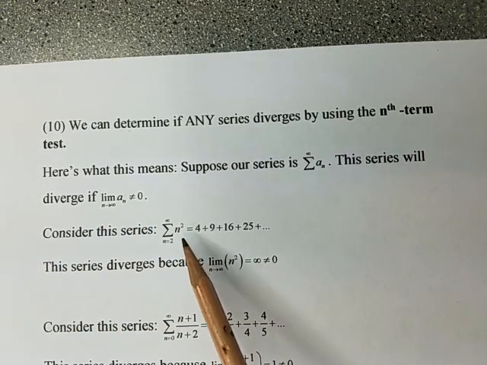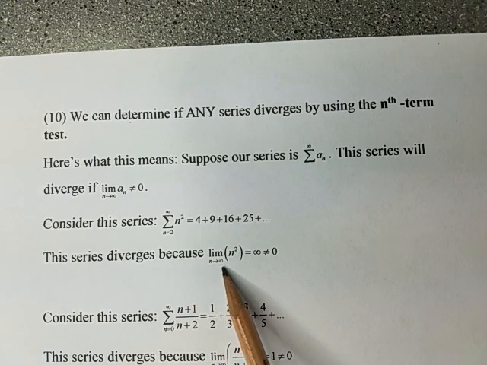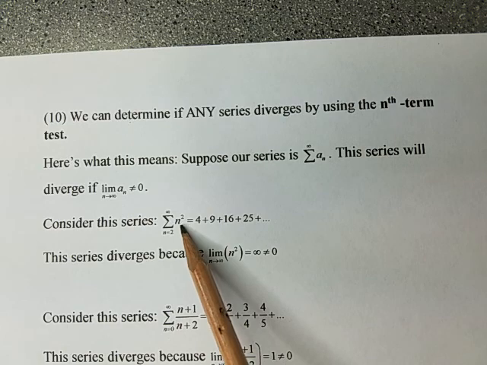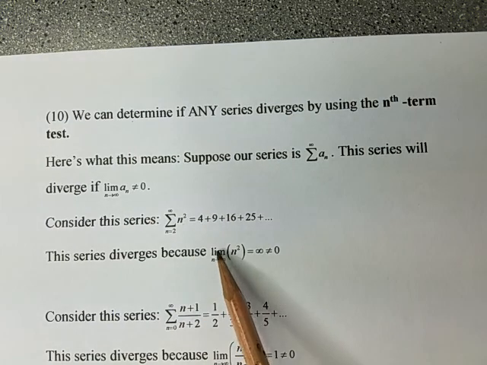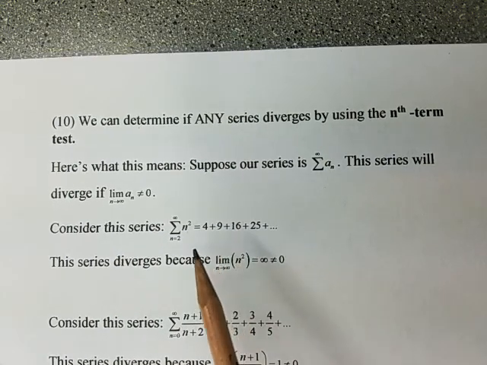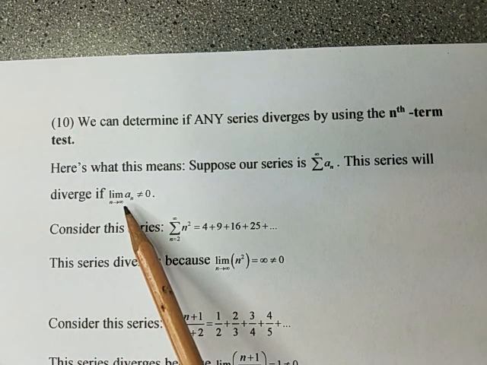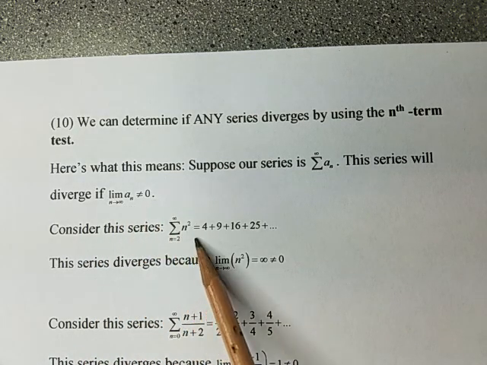Here's an example. See that series right there? What's the limit as n goes to infinity of that formula? The limit as n goes to infinity of n squared is infinity, and that's not 0. So that's definitive that this series diverges. If you calculate this limit and it's not 0, the series diverges.